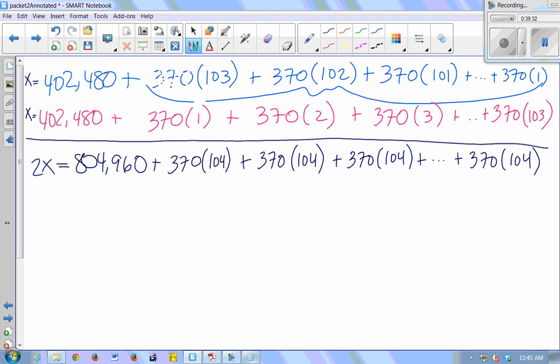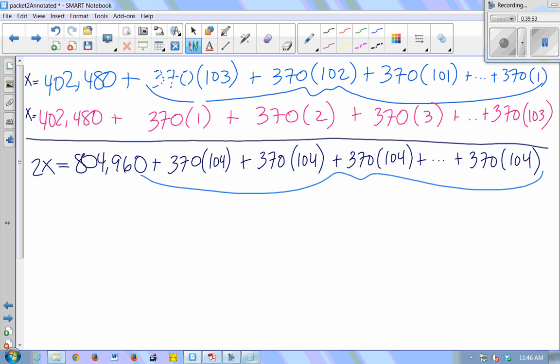Okay. Now I just want to know what x is, right? I have 2x is equal to this great big sum. But if I just look at this piece of the sum, every term is the same, right? This is the same number added to itself how many times? 104.